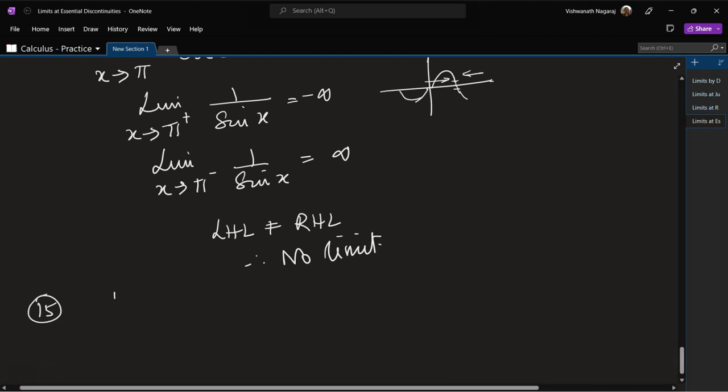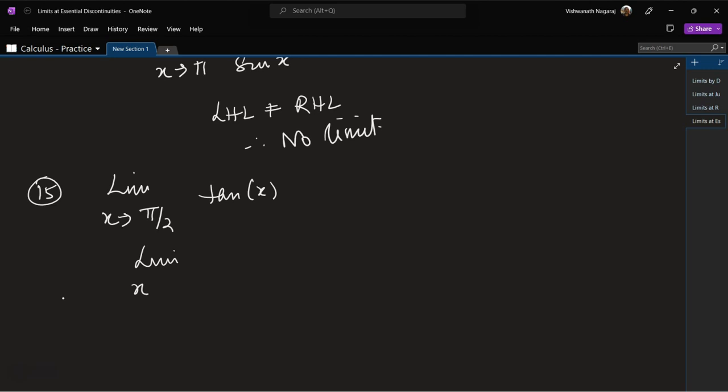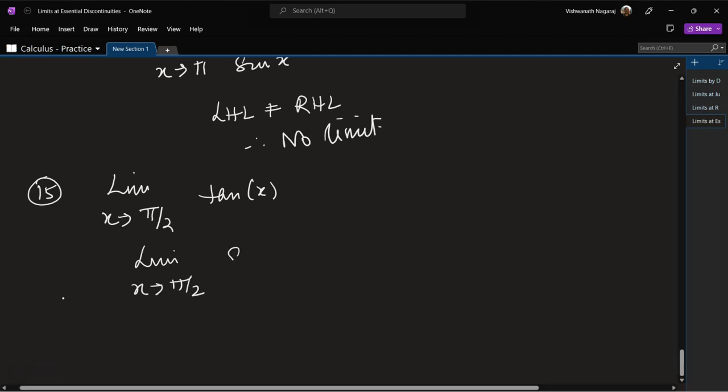Okay. 15th one, limit as x approaches pi by 2 of tan x. So what happens here? Again, we can write this as limit as x approaches pi by 2 of sine x by cos x.